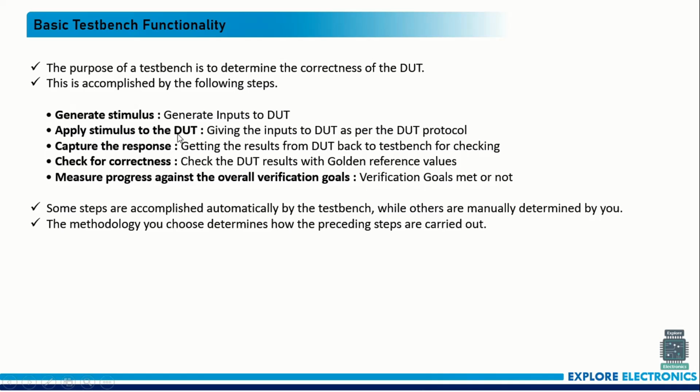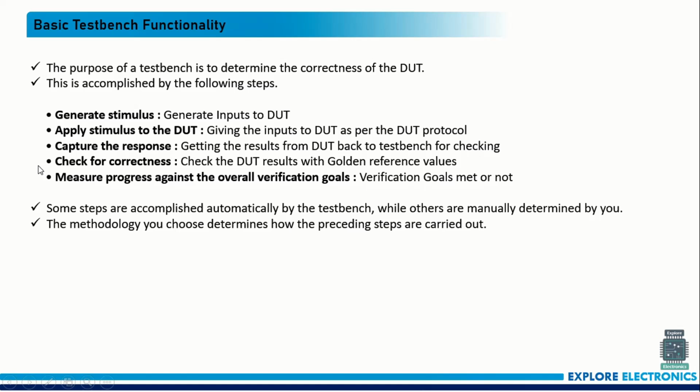So applying stimulus to the DUT will be with respect to how the DUT is going to take the data one after the other. And then after DUT performs its operation, we need to capture the response in the test bench only. So the test bench functionality is to generate the stimulus, then drive the data to DUT and capture the response back in the test bench.